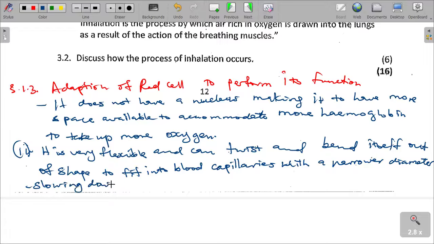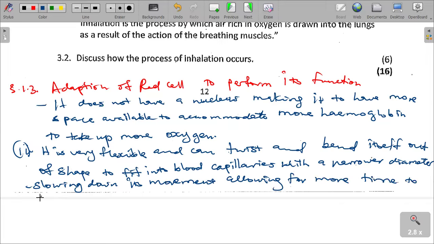Slowing down its movement, allowing for more time to take oxygen.